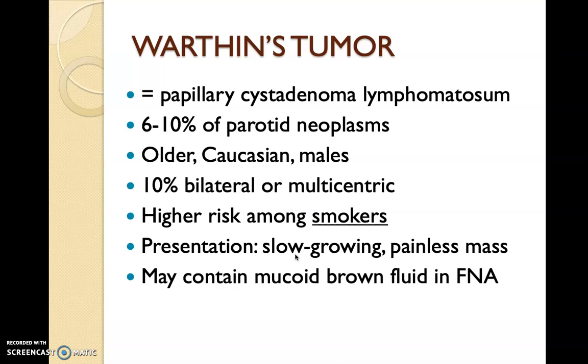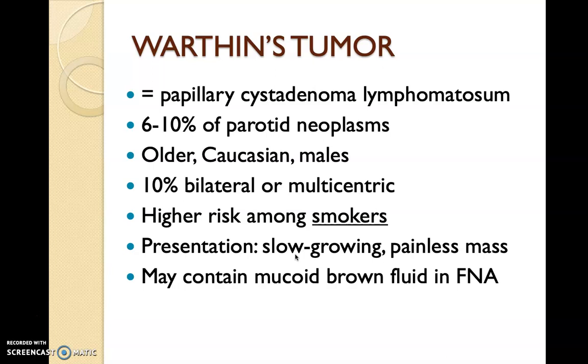So the first one is Warthin's tumor. It's papillary cystadenoma lymphomatosum. You see, it's so complicated, the name. So it's 6 to 10% of parotid neoplasm. Usually it happens in older Caucasian males. So Warthin's tumor is quite unique because usually it's in males and it usually occurs bilaterally, and it is associated closely with smokers.